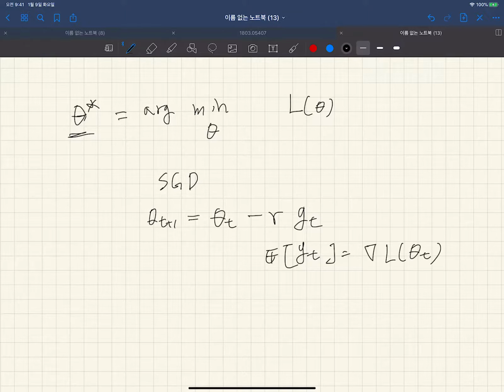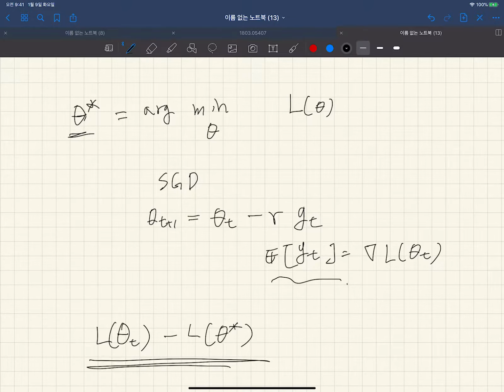So this is stochastic gradient descent, and because of this noise, we usually cannot make your loss function optimal. So there is always some gap between L(theta_t), the loss function at the current point, and the true optimal loss value.